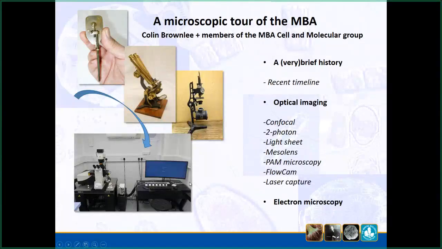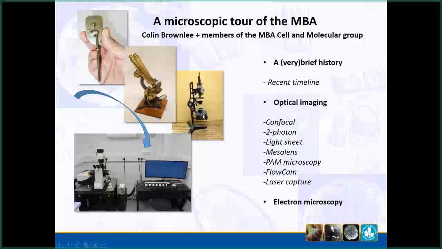This is one of our most recent acquisitions at the bottom, and I'll tell you a little bit about that in a few minutes. I would also point out this microscope, this black one in the middle, which is possibly one of the earliest imaging microscopes. It's an old microscope that enabled the specimen on the stage to be projected onto a screen. And I understand there's an example of this still in the MBA archive.